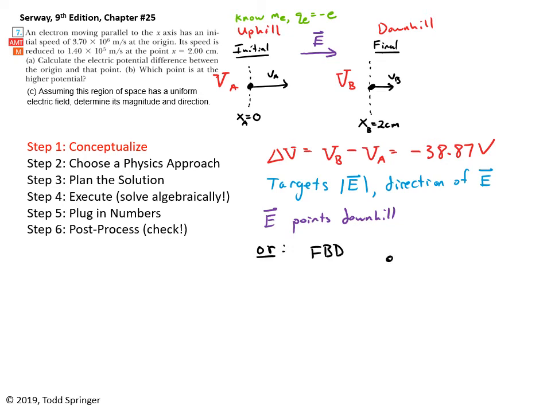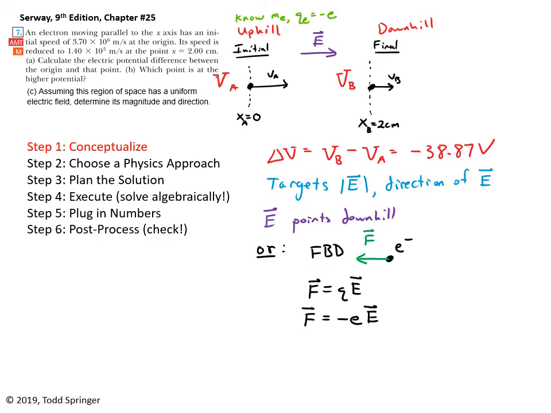Another way to think about it is to go to a free body diagram of the electron somewhere in the middle there. Clearly it has a force pointing to the left, right? Because it's slowing down. So its speed is to the right, the force must be to the left. But then remember that F is equal to QE. And for an electron, Q is equal to minus e.